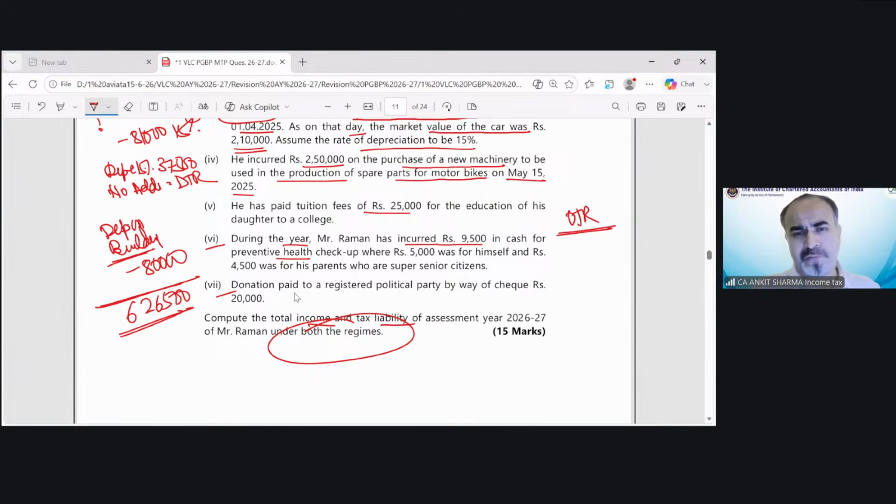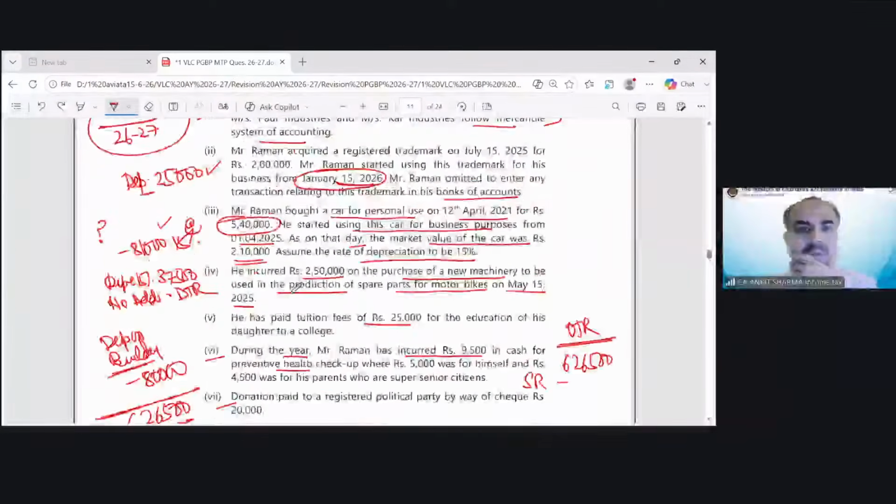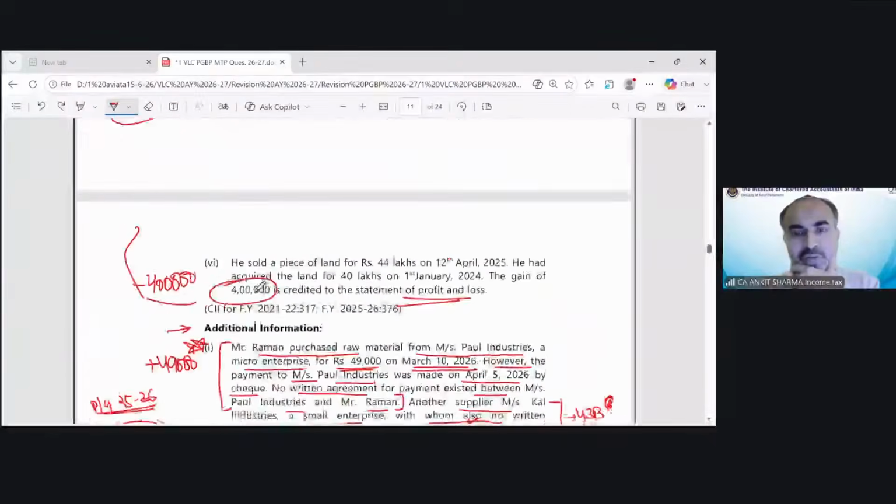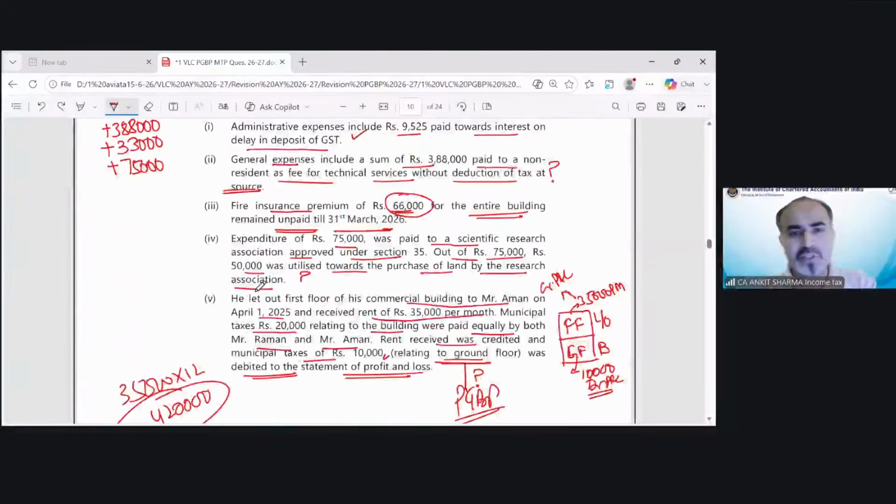The profit as per default tax regime was 626,500. Under optional tax regime, we have to give the scientific research deduction, which was disallowed, 75,000. Okay, let me check what the deduction was. In case of scientific research, there was point number 4.